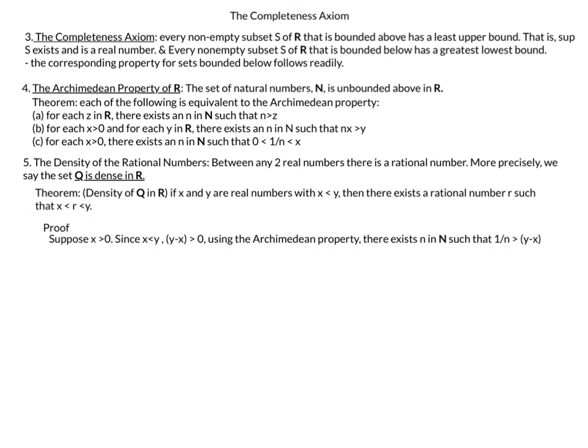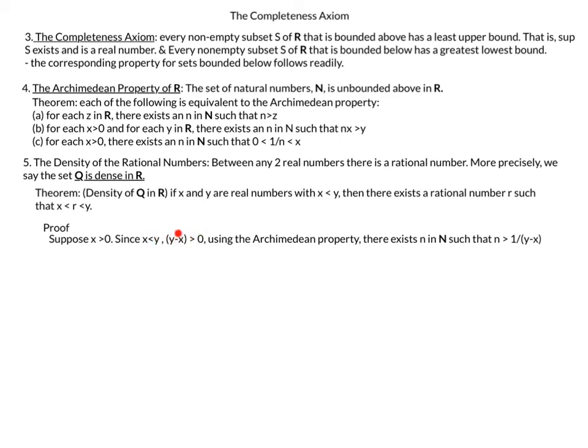To prove the density of Q in R, we're going to use the Archimedean property. So we're going to suppose that x is greater than 0, and since x is less than y, we know y minus x is greater than 0.